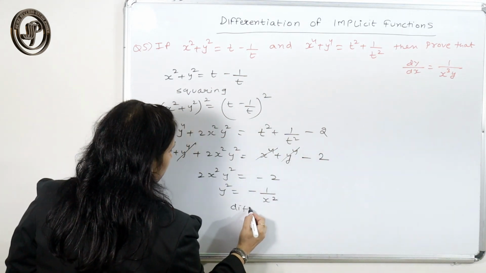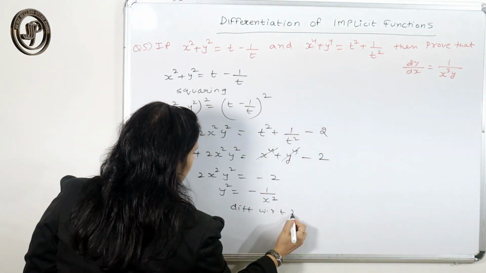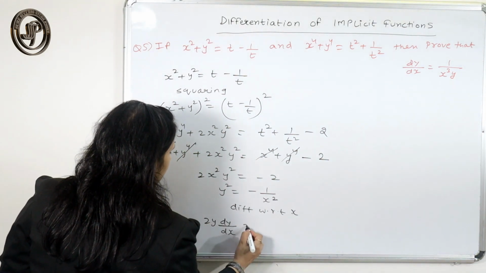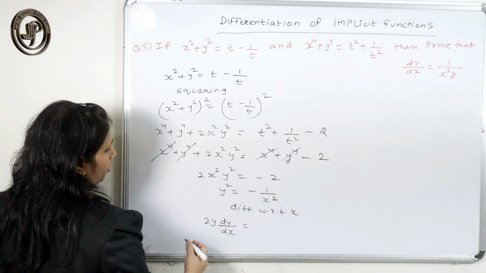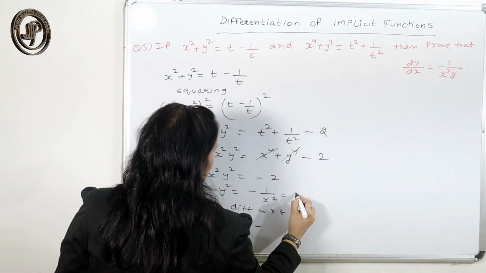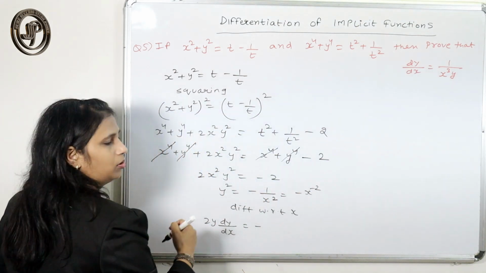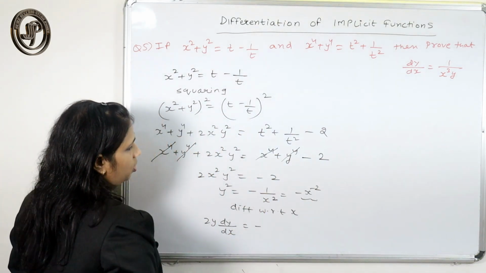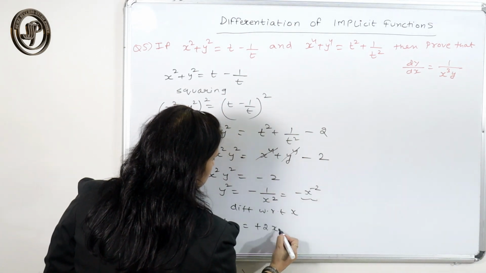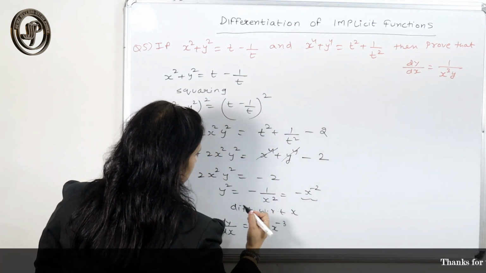So y square will be minus 1 upon x square. Now differentiate with respect to x. Then I get 2y dy by dx. Differentiating this, I can write it that way also, so the differentiation of this will be plus 2 x raised to power minus 3.